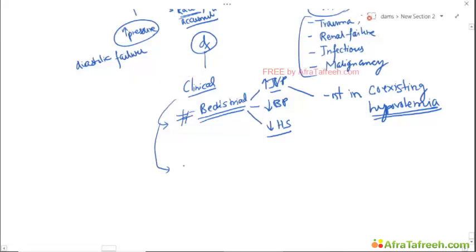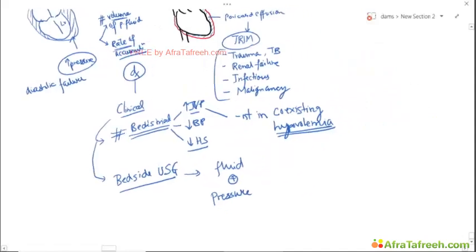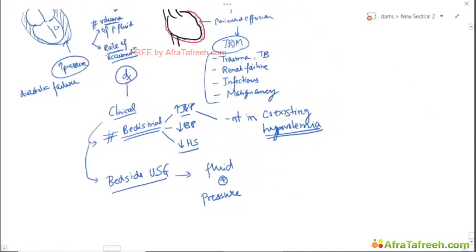The diagnosis is clinched by a bedside ultrasound. Okay, so bedside ultrasound shows you fluid plus presence of pressure. That's what is diagnostic for cardiac tamponade, right? So the fluid is seen as an anechoic shadow, as I had shown you, between the pericardium and the contracting heart.